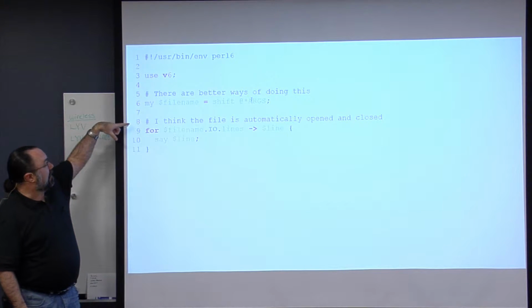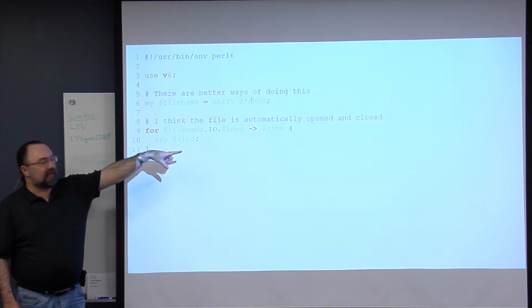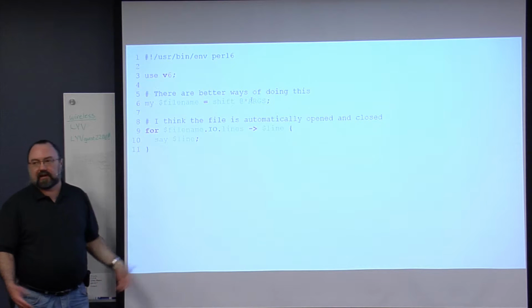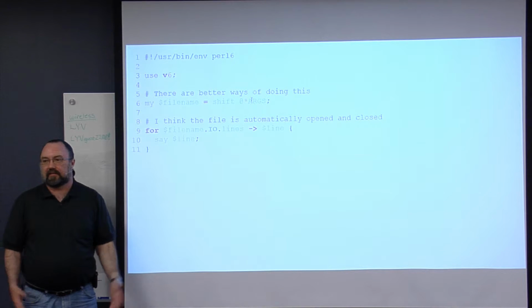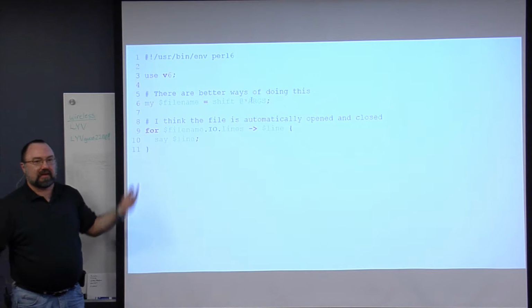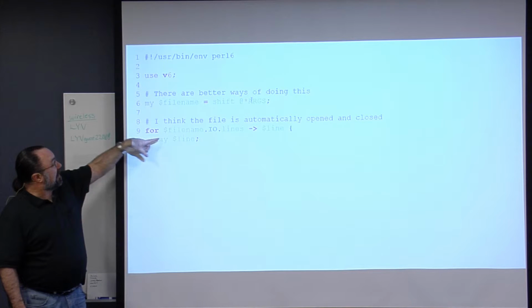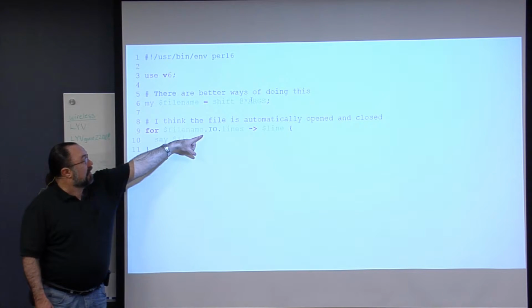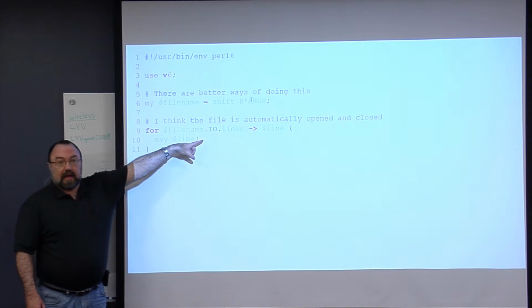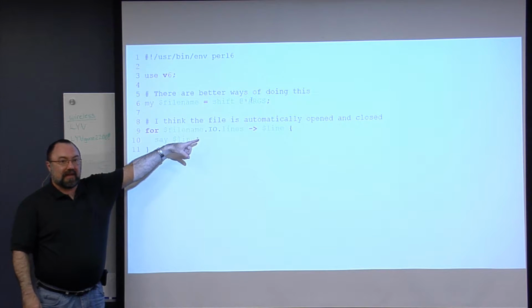So basically, I didn't find anything that explicitly told me that it was automatically opening and closing the files, but I assume that it is. I mean, Perl 5 does it, so I have no reason to expect that Perl 6 wouldn't. So we say for filename.IO, and again, no more arrow operator for method calls.